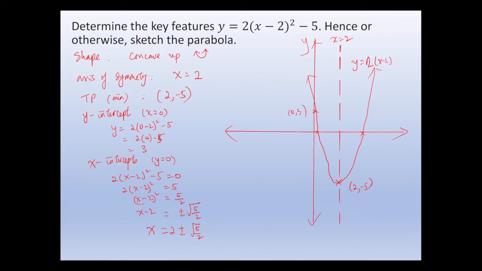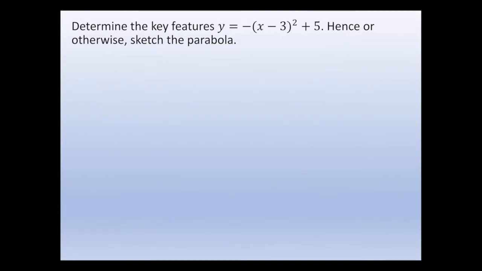And remember, label it y equals 2(x minus 2) all squared minus 5. And label the x-intercepts as well: 2 plus the square root of 5 over 2, 0, and this point here is 2 minus the square root of 5 over 2, 0. That is all you need when you sketch a parabola. No scale needed, and you should be able to show the correct shape, the y-intercept, the x-intercepts, the turning point, and the axis of symmetry.